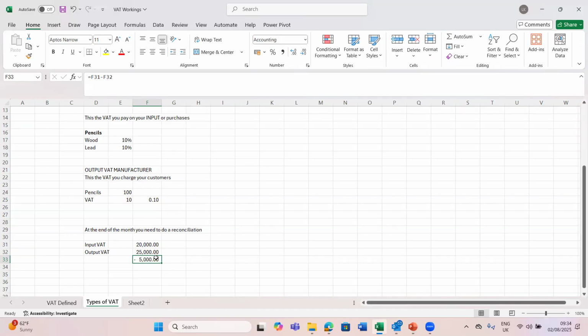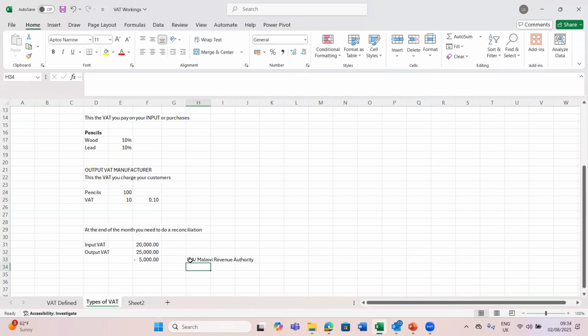All right. So this VAT will go to the IRA, or in our case, the Malawi Revenue Authority.